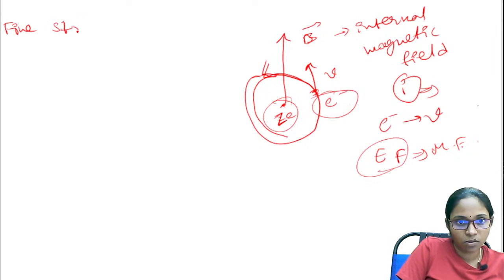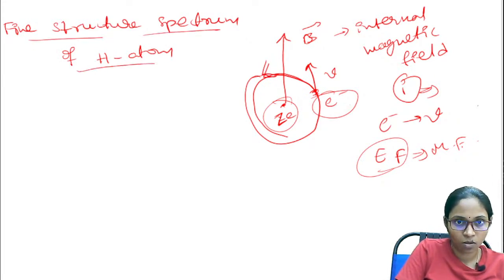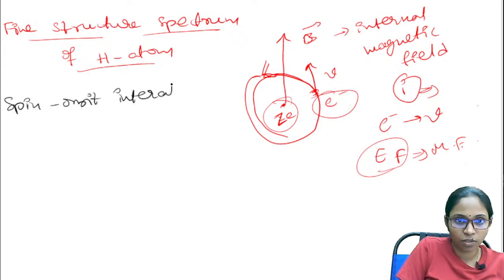Coming to the fine structure spectrum of hydrogen atom, because of this internal magnetic field, we have spin orbit interaction, and this spin orbit interaction is a weaker interaction.